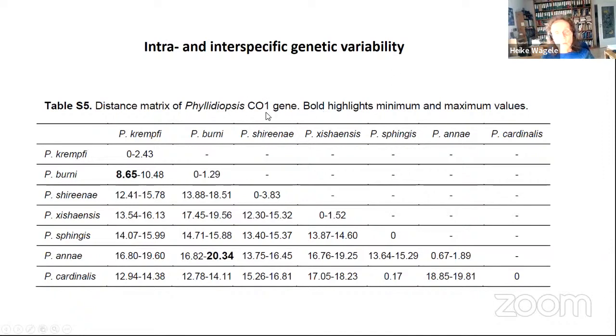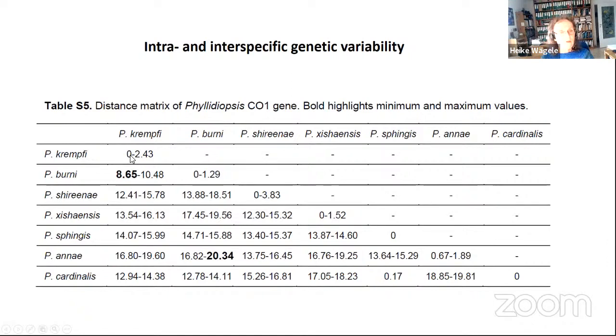And since CO1 is the barcode gene used in many ways, I would do it mainly for CO1. And you see here, these are the different species I was looking at, and you have the same species up here again.